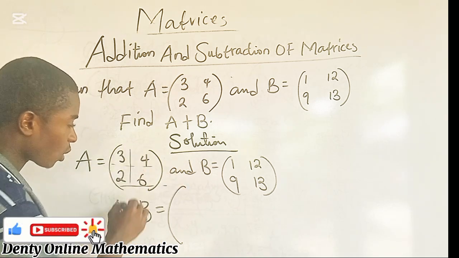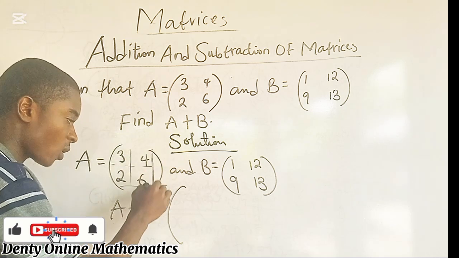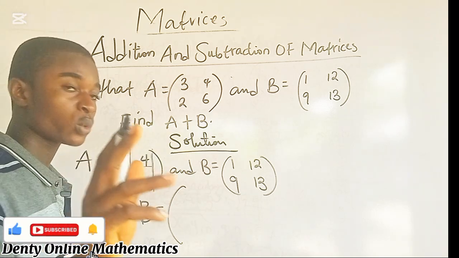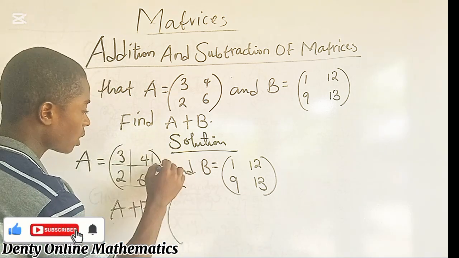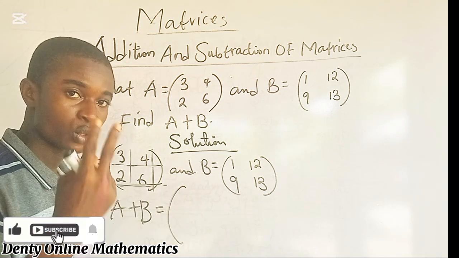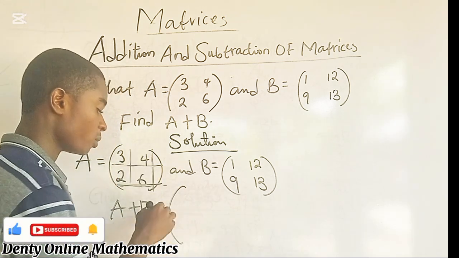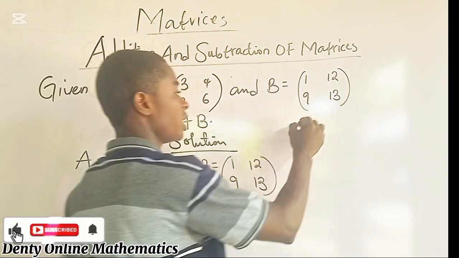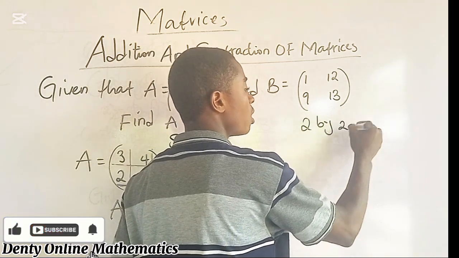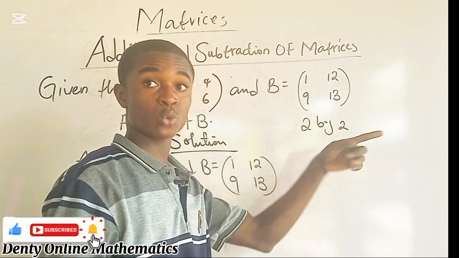This is the first column while this is the second column. So if I count, 1 row, 2 rows, we have 2 rows and 2 columns. Therefore this matrix is a 2 by 2 matrix. That means 2 rows by 2 columns.